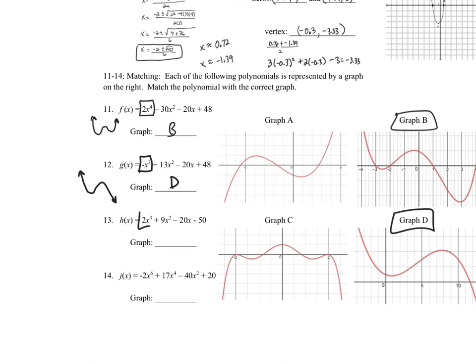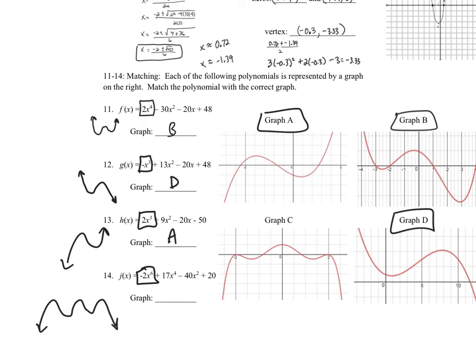This 13 is a positive x to the third, so it's going to look something like that, which would be A. And then process of elimination should give you the next one, but since it's a sixth degree and it's negative, that means it's going to be upside down, and it's going to kind of look like an M with an extra hump in the middle, so that would be C.